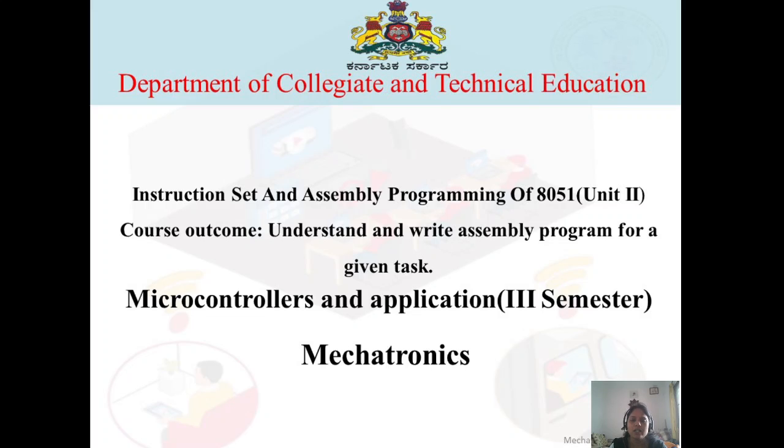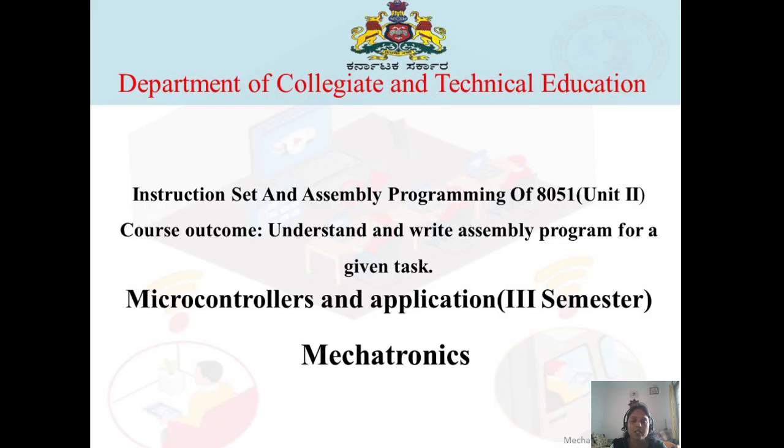Understood. And in the last class, we have seen the branch instruction, that is your jump instructions. In the jump instructions, as in the last session I have explained, we have two types of jumps: conditional jump and unconditional jump instructions. Then we have seen the ranges present in the 8051.